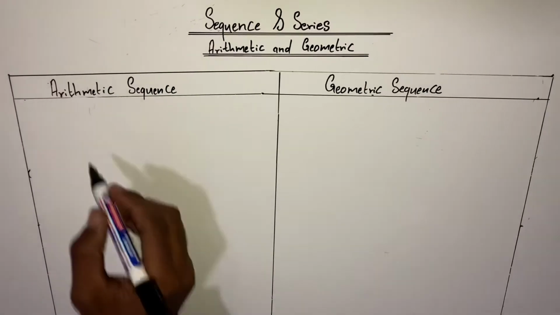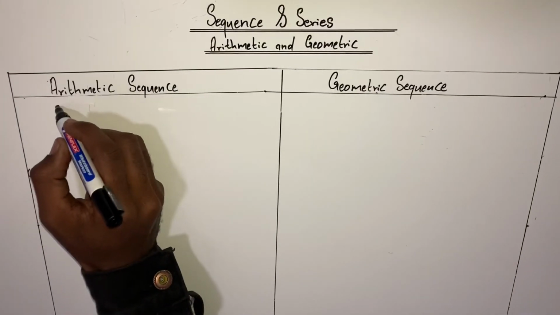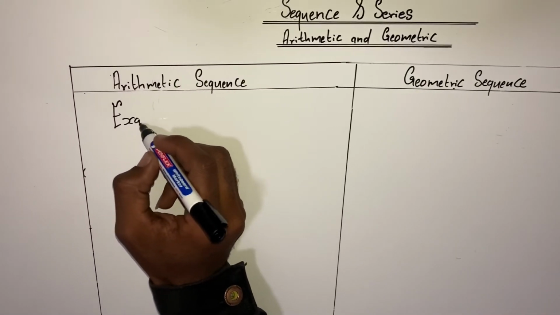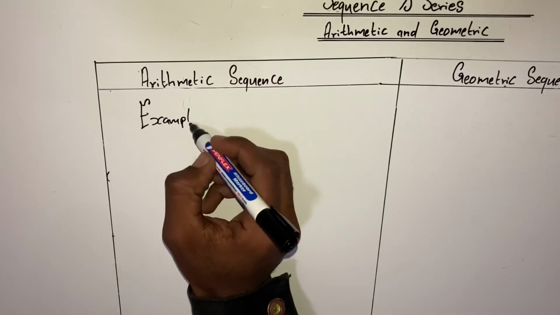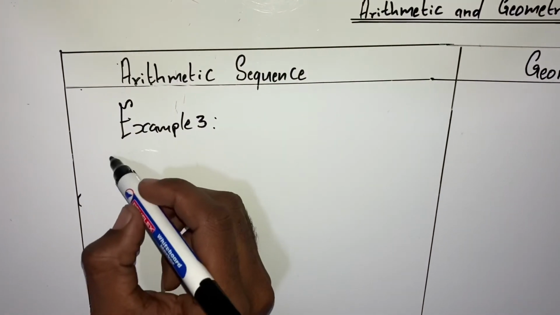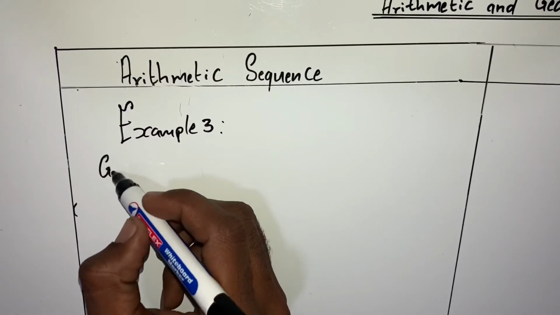Under arithmetic, for example 3, we'll go for this sum.